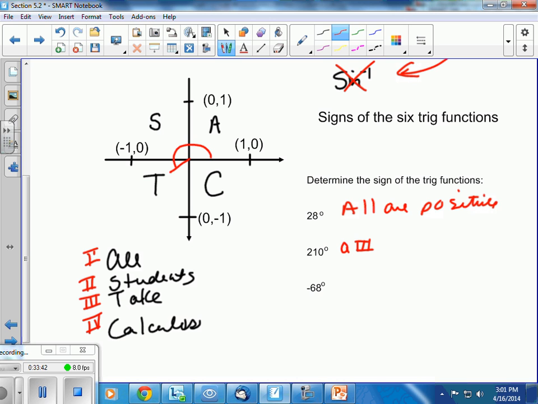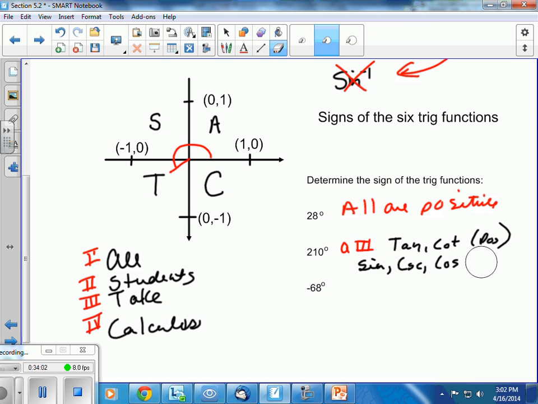Positive would be the tangent, cotangent. The balance, of course, sine, cosecant, cosine, and secant would be negative.